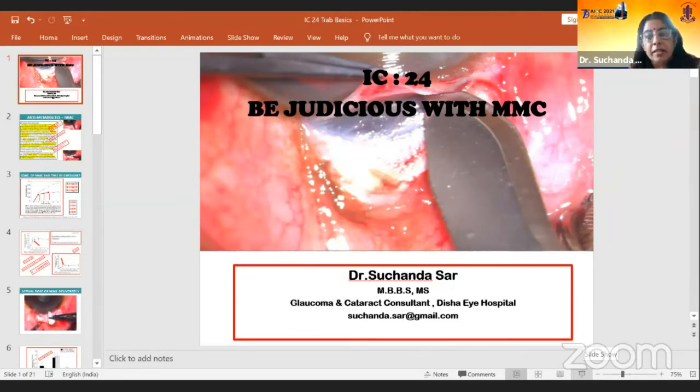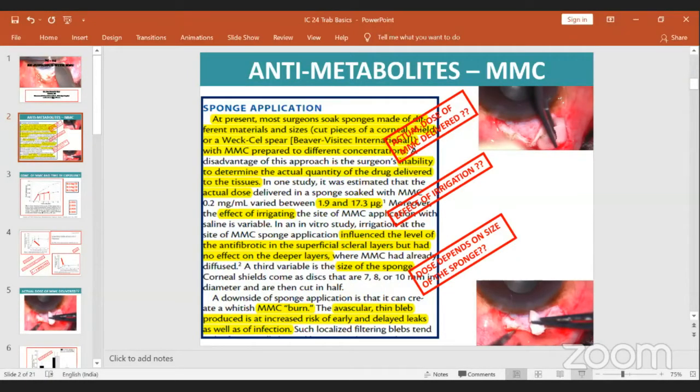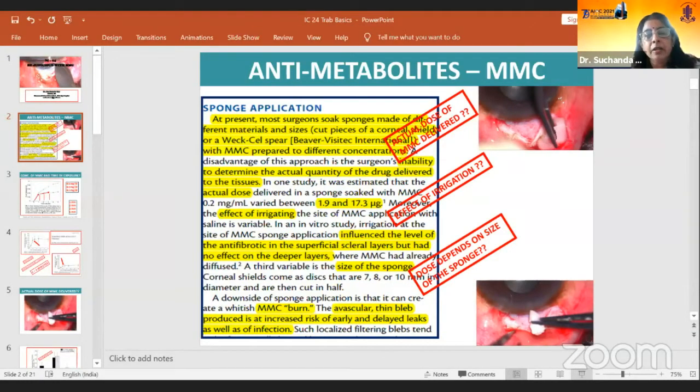But in spite of that, till date we really need to be judicious with mitomycin C, because we are yet to find the optimal dose delivery protocol which will give us maximum therapeutic benefit with no serious complications like scleral thinning, very thin blebs with potential of leaking, and hypotony.